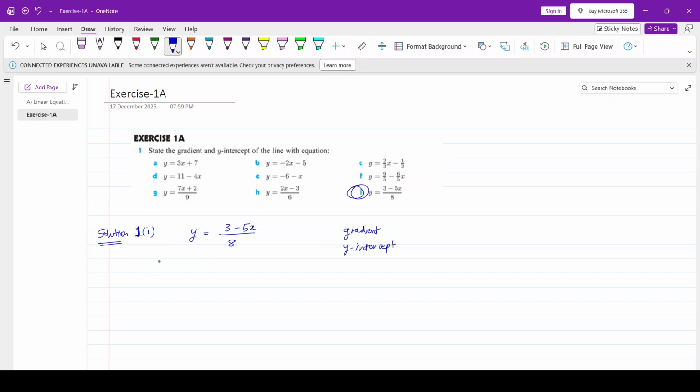Can we write the same equation in the form y is equal to 3 by 8 minus 5 by 8x? Now you can see this form of the equation matches other questions in the same question number 1, and not to mention the one we started with. This form matches with this and this.